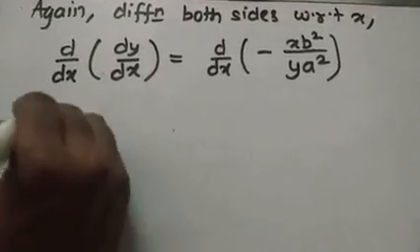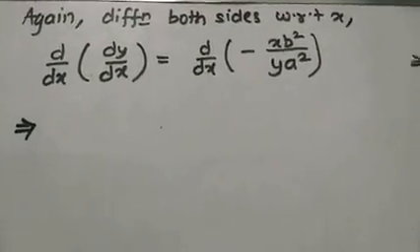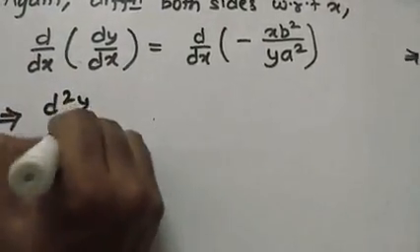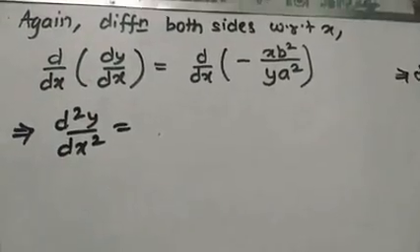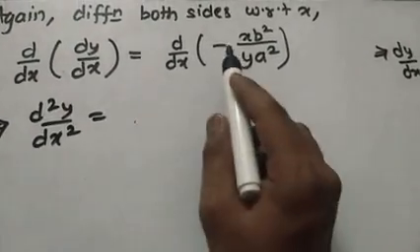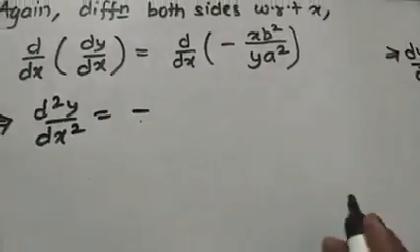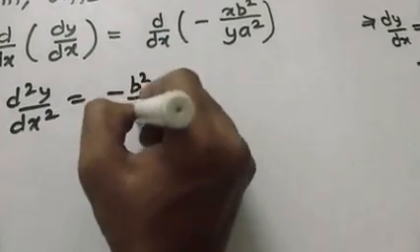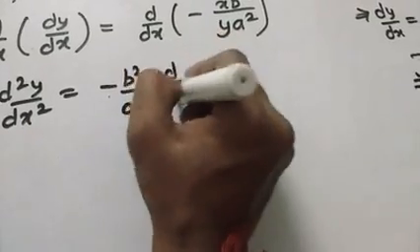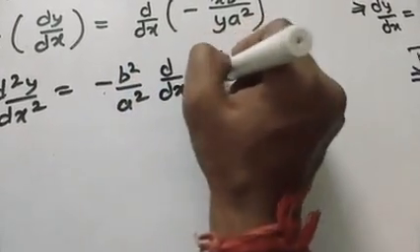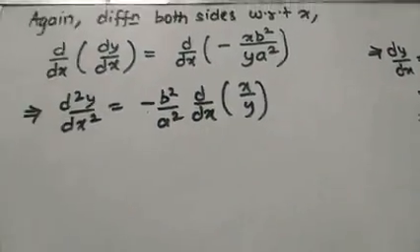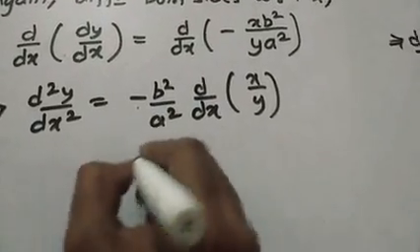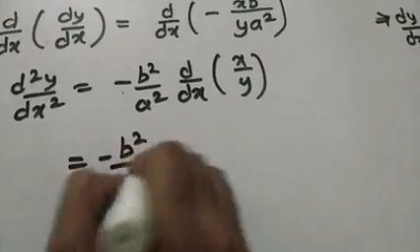So now d dx of dy by dx is nothing but your d2y by dx2. Okay, and this side, what are the constant part? Let us focus on that. Minus b square by a square, and here d dx of x by y. So by using division rule, we will differentiate this x by y.